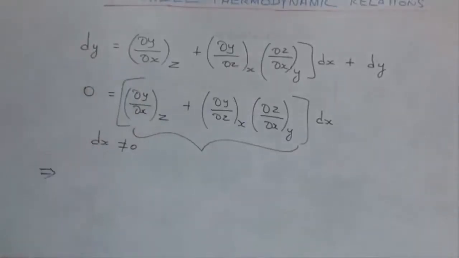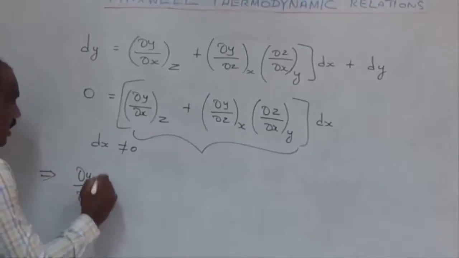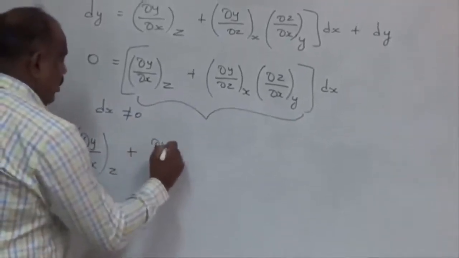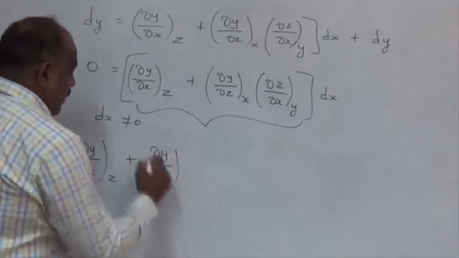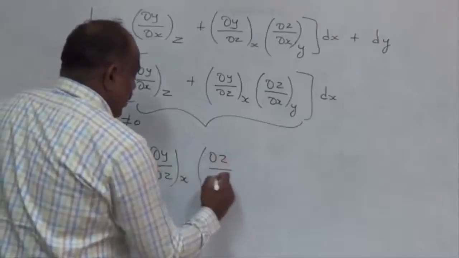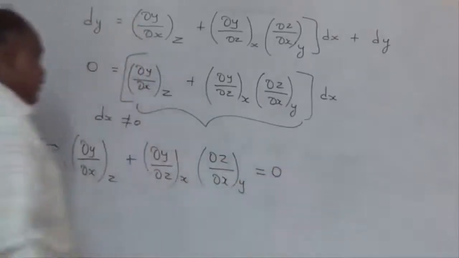Because dx is an exact differential and it can't be 0, the term within this bracket will be equal to 0. So it is ∂y/∂x at z plus ∂y/∂z at x into ∂z/∂x at y is equal to 0.